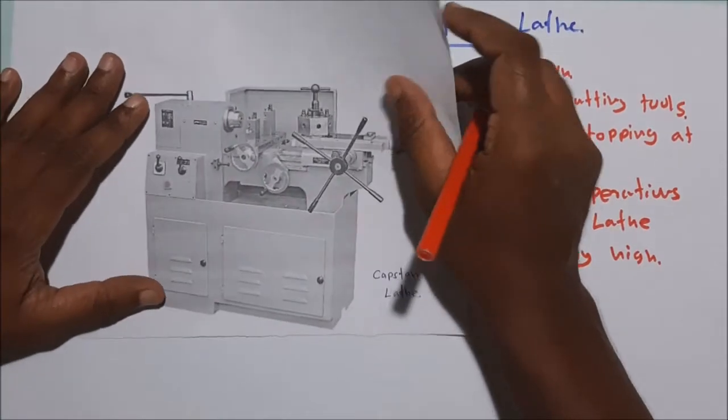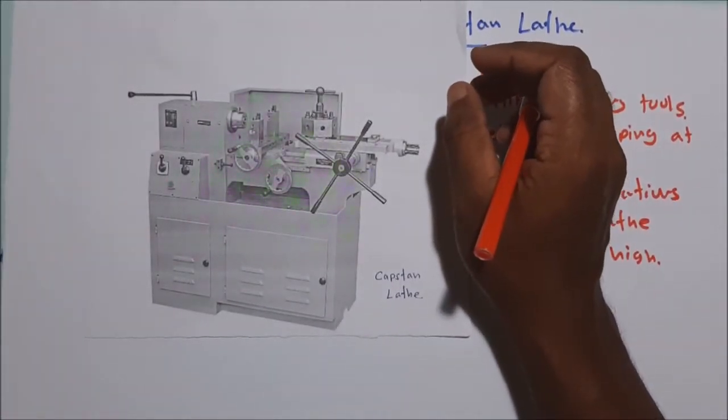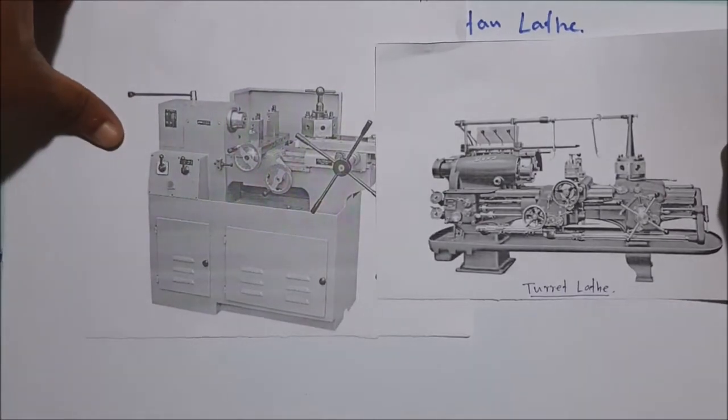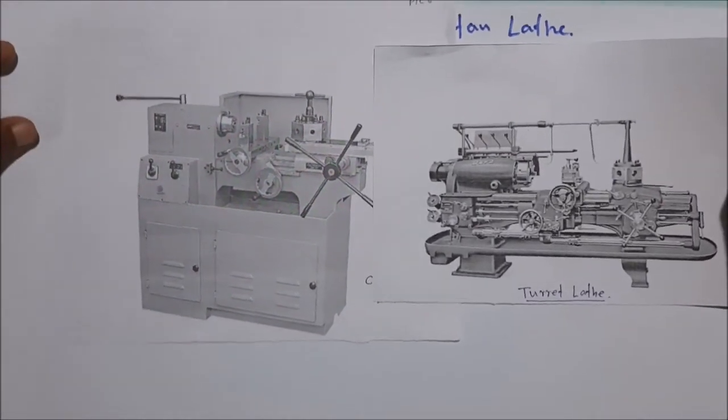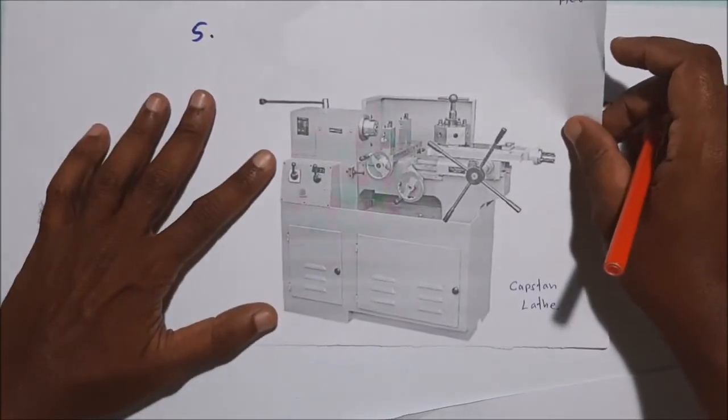Here you can see the capstan lathe, then here you can see the turret lathe. First, let's look at this capstan lathe.